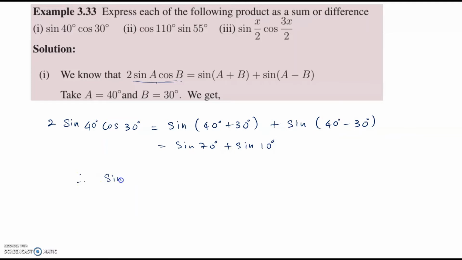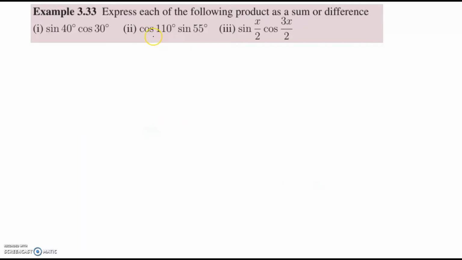Therefore, our sine 40 degrees cos 30 degrees will be equal to 1 by 2 times (sine 70 degrees plus sine 10 degrees). Now for the second part of the question, which is cos 110 sine 55 degrees.